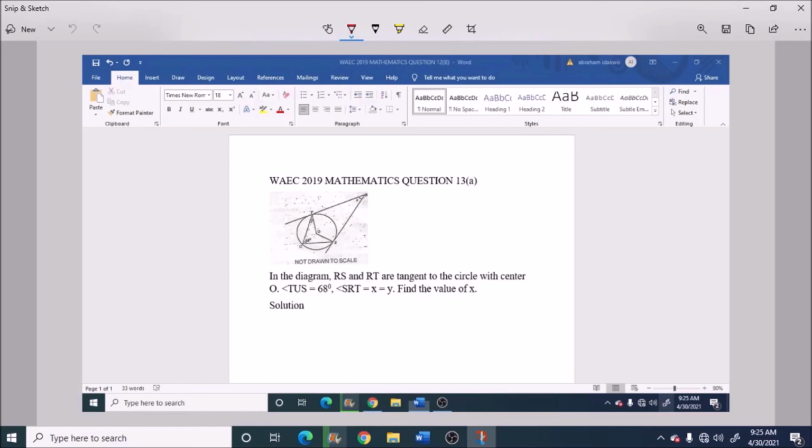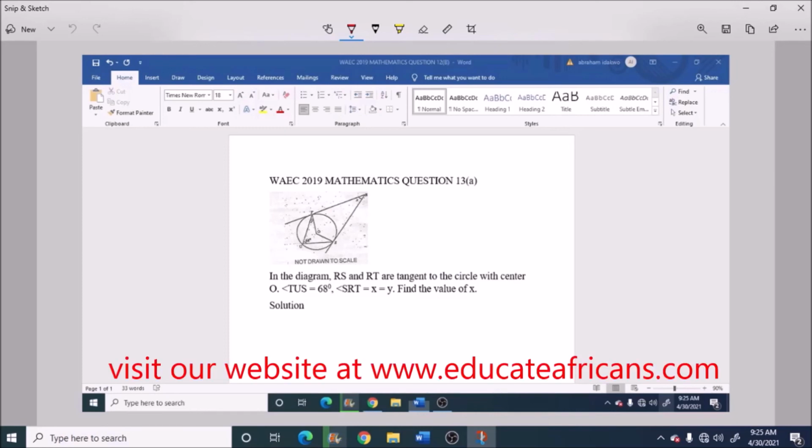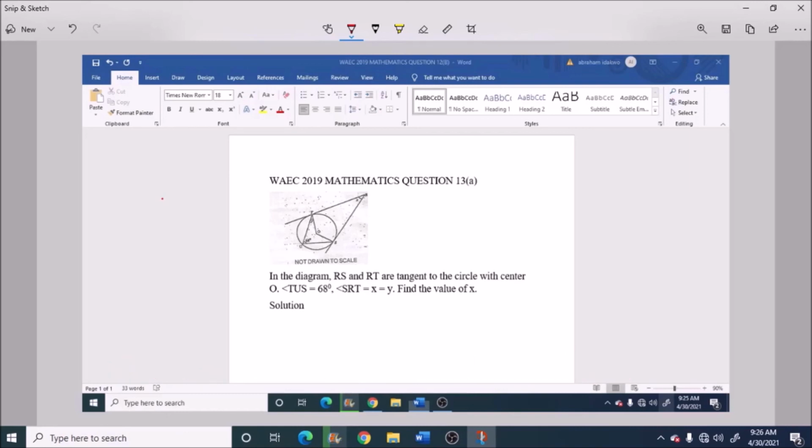Now in the diagram above, angle OTR is equal to angle OSR, which is equal to 90 degrees.